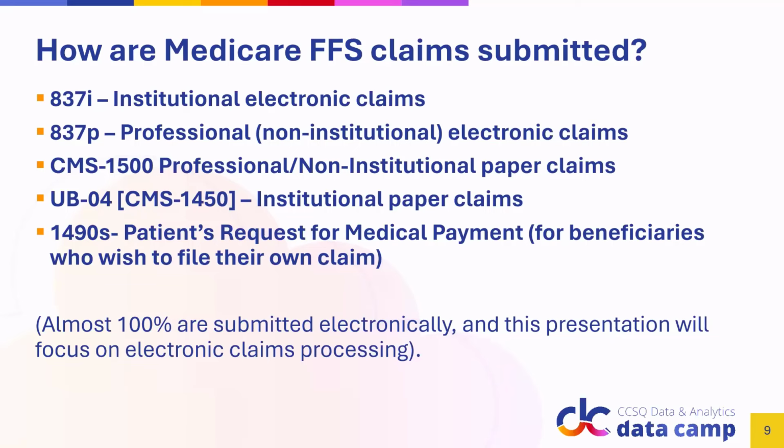If you think about magnitude of those numbers, you can get an idea of how important Medicare is and how large the service that is provided by CMS is on the nationwide scale. Let's go to the next slide.